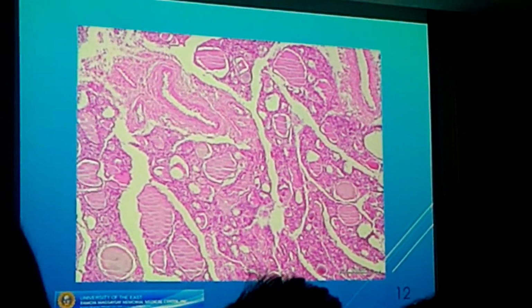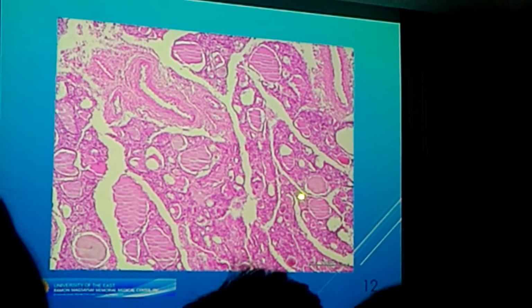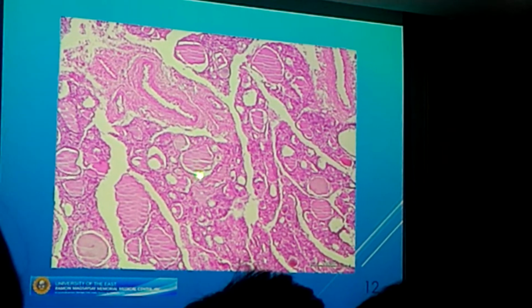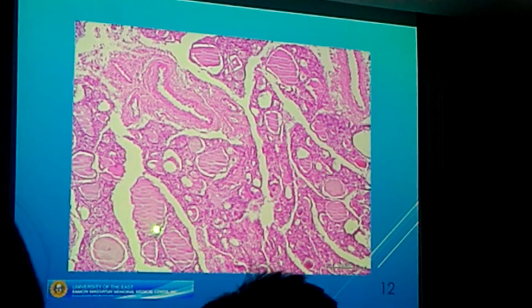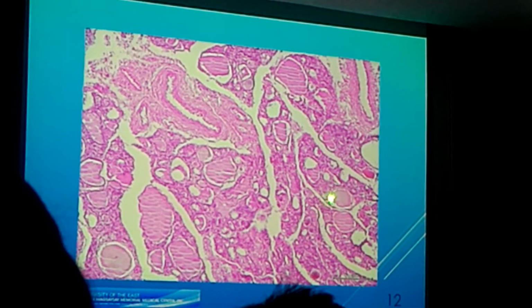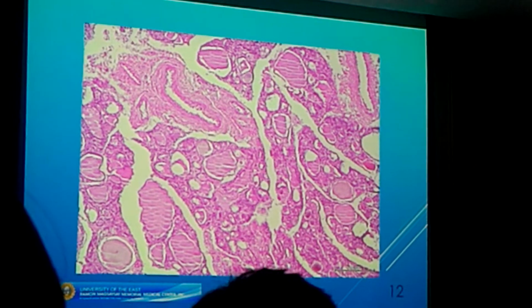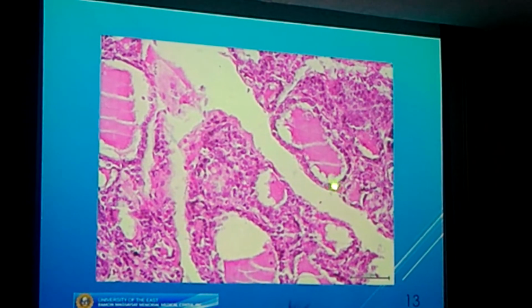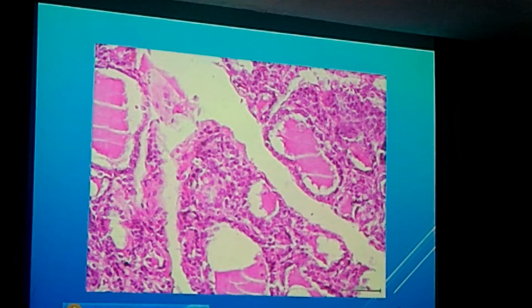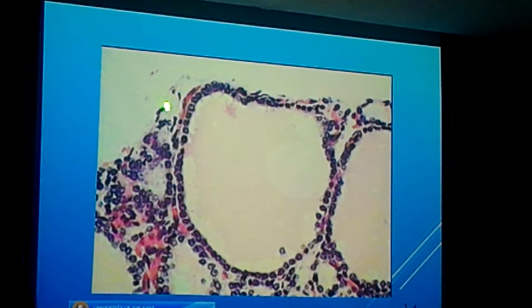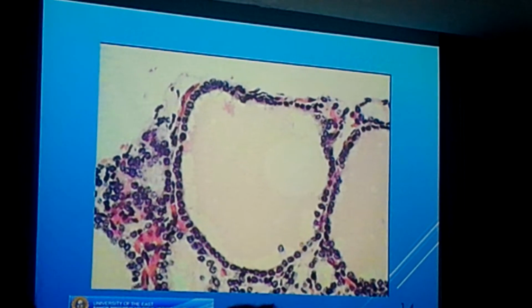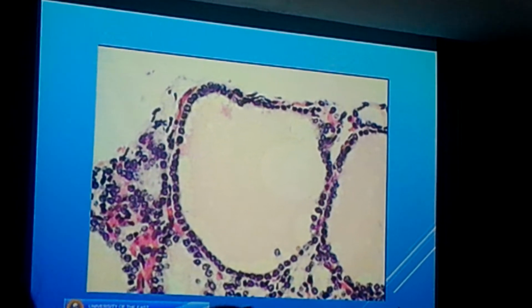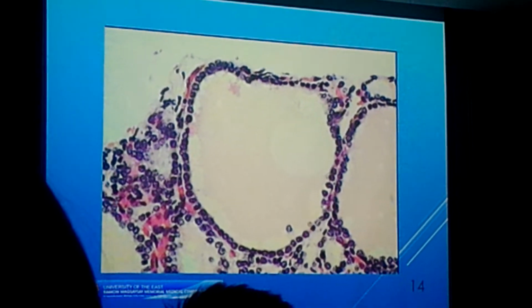Next, these are your thyroid follicles, okay? So the concern here would be the lining epithelium, which is what class? Simple? Okay. Simple cuboidal.